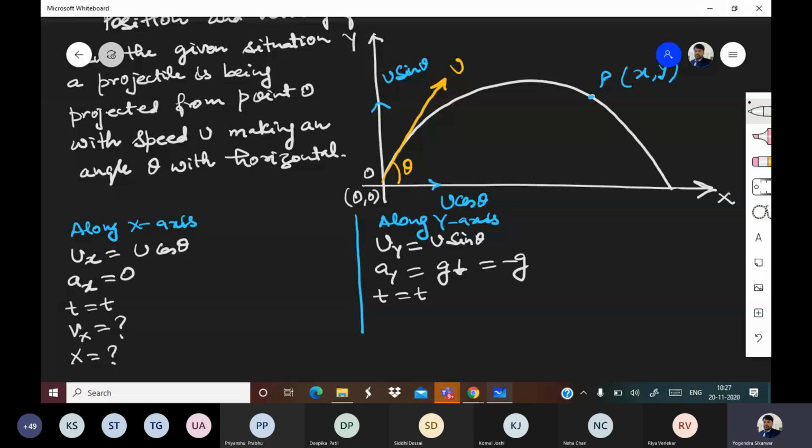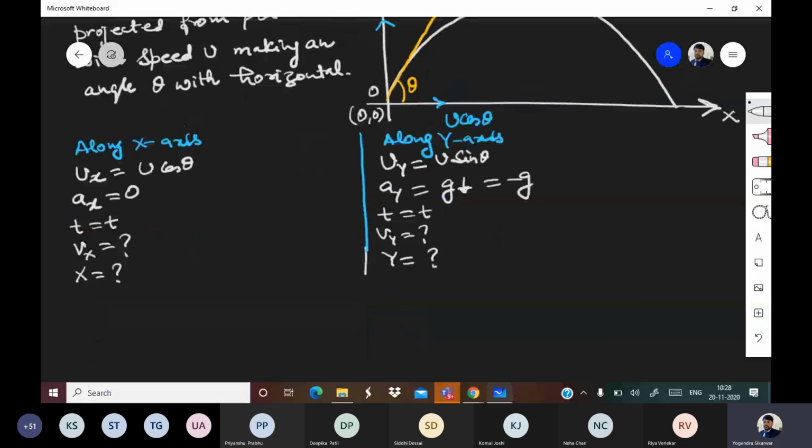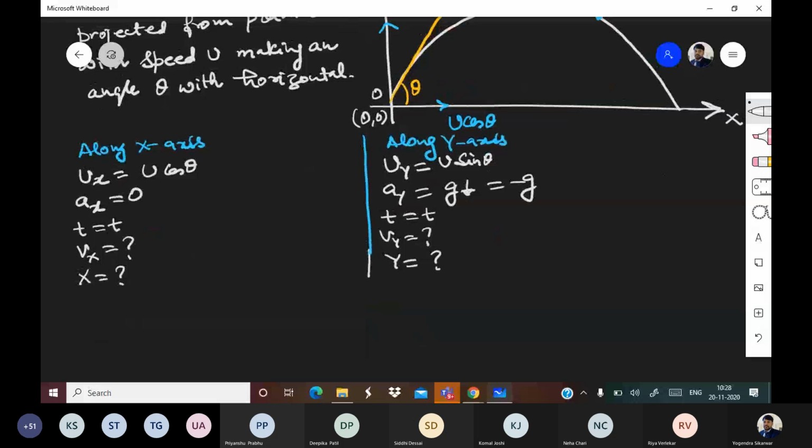Also along y direction, vy is equal to question mark, and y coordinate is also question mark. Okay, so we are going to find these values in both directions, along x-axis also, along y-axis also. Okay, so let us see further.